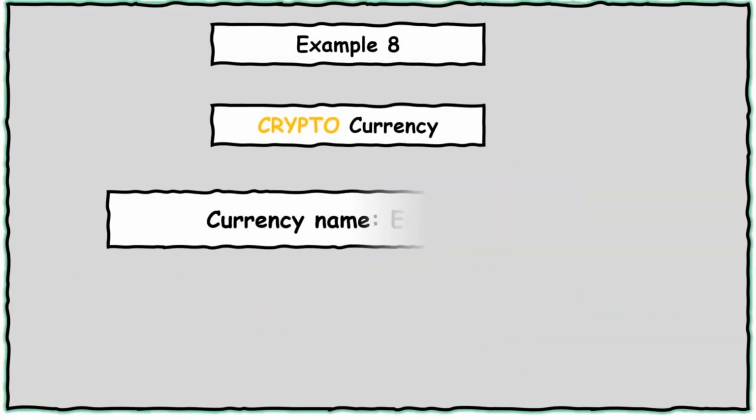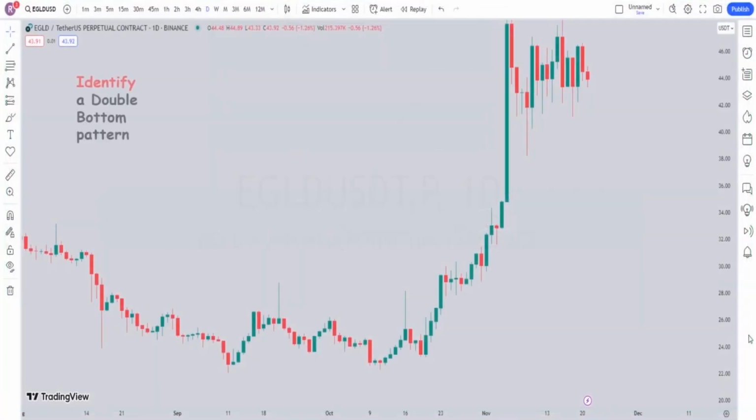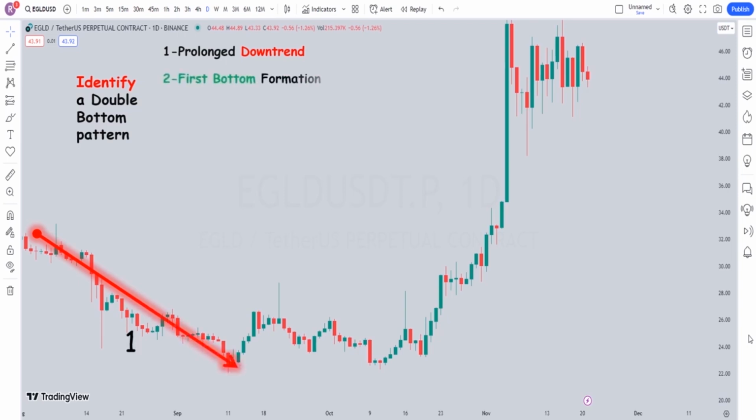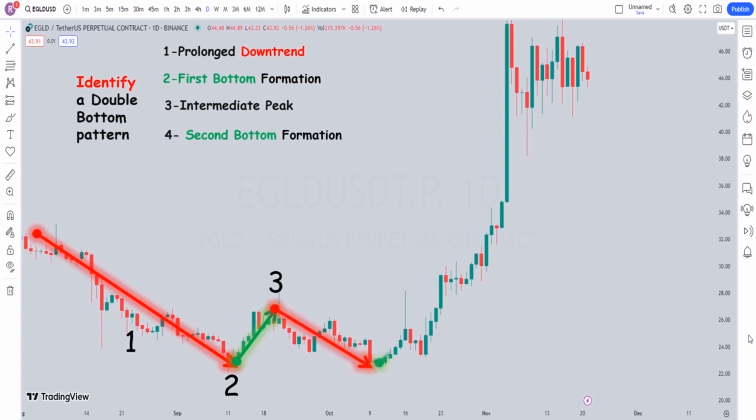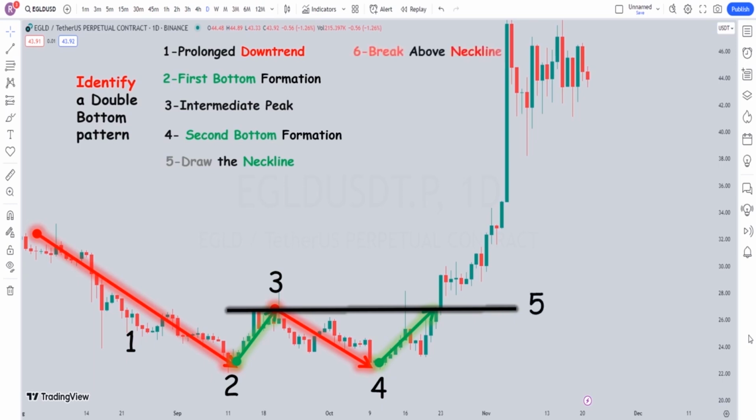Example 8. Currency name EGLAS.P. Identify a double bottom pattern. 1, prolonged downtrend. 2, first bottom formation. 3, intermediate peak. 4, second bottom formation. 5, draw the neckline. 6, break above neckline.